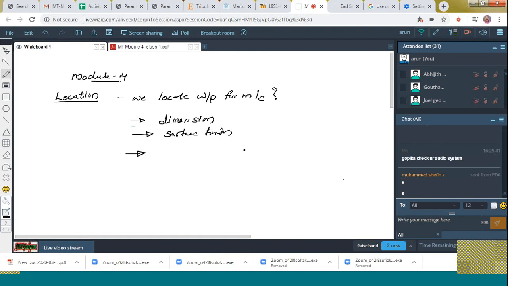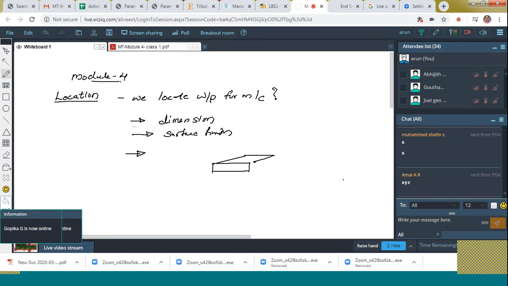Come back to my question. How many motions are there for the workpiece? What are the various degrees of freedom? If I take a rectangular workpiece, how many degrees of freedom will be there? Yes, X, Y, Z linear motion will be there.